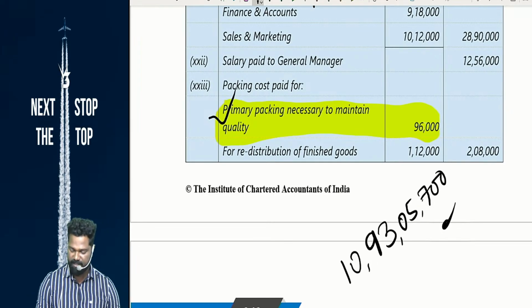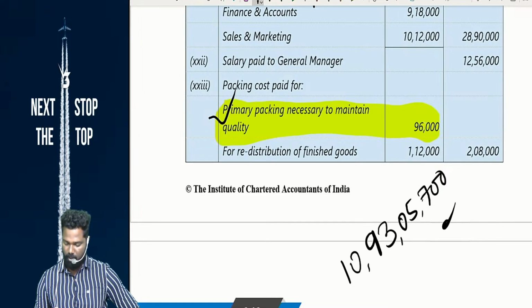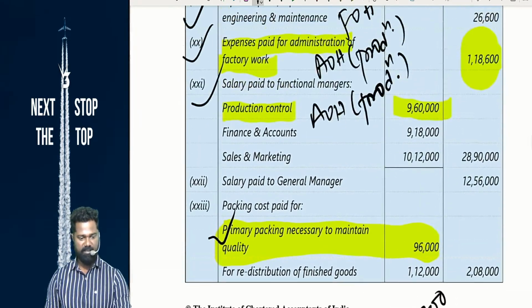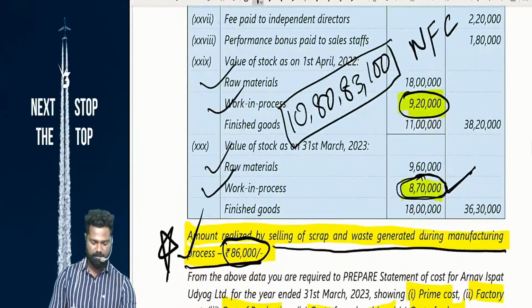Okay children, next. Right, opening stock of finished goods. Tell me how much is opening stock of finished goods. Look at the board.